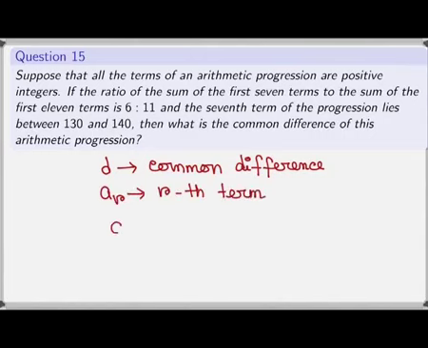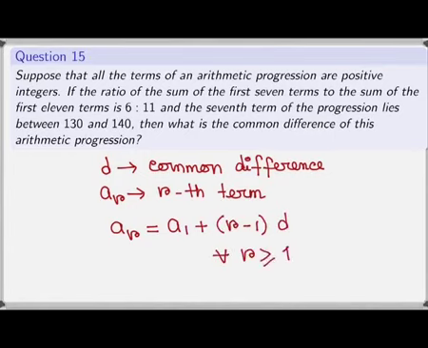Therefore, we have A_n is equal to A1 plus (n minus 1) into D for all n bigger than or equal to 1.